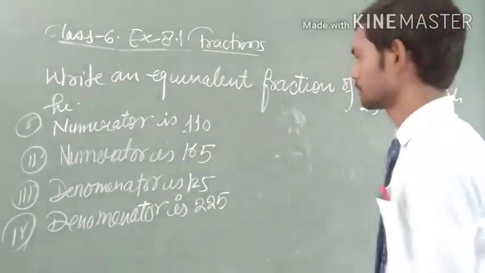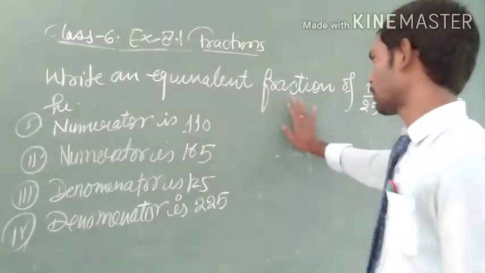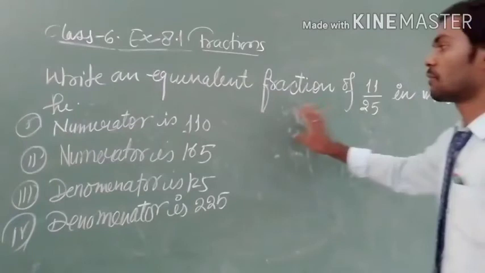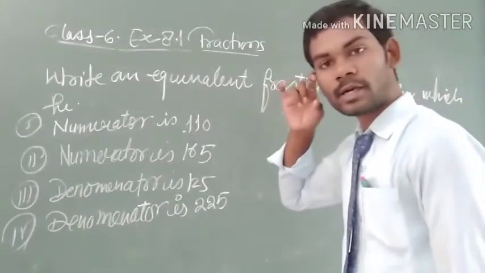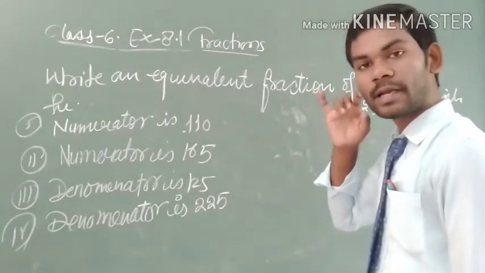Let us see. The first is: write an equivalent fraction of 11 upon 25 in which the numerator is 110.